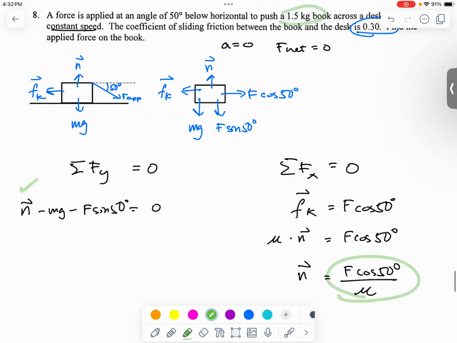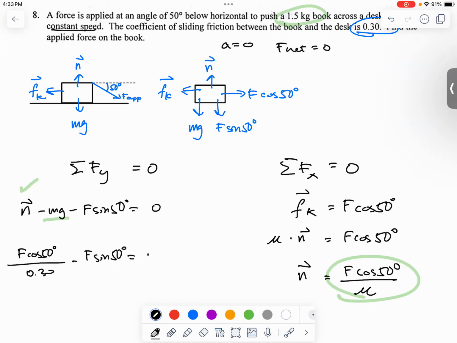We know the mass of the book, that's 1.5 kilograms. We know the gravity, that's 9.8. So the only unknown left is our letter F. So let's substitute in here. Mu is 0.30, and then minus F sine 50.